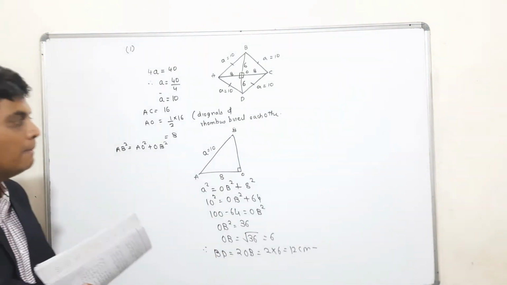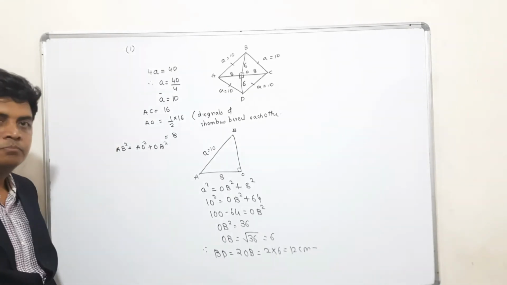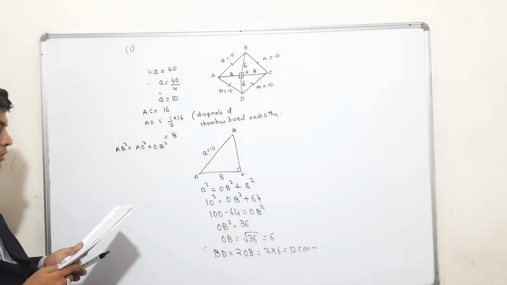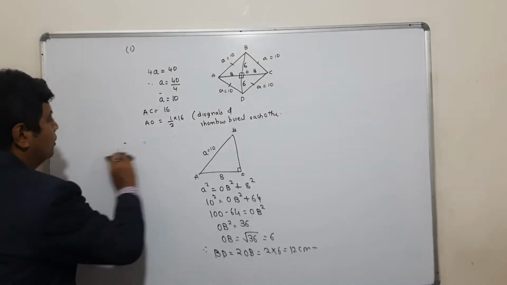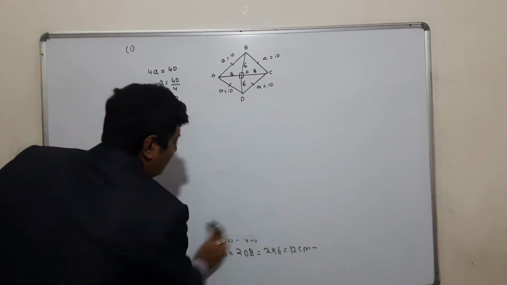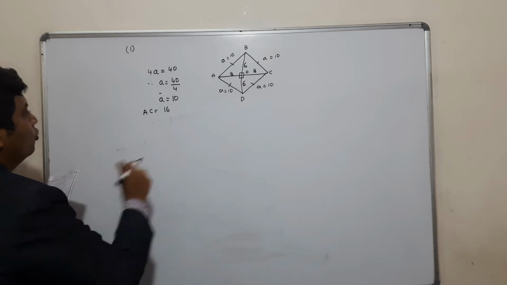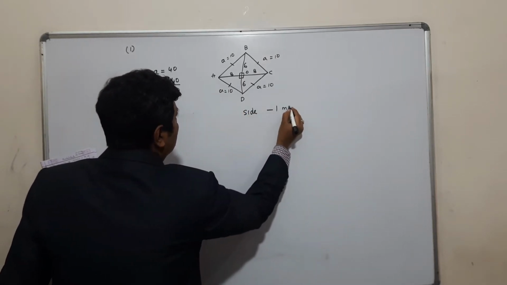Okay. So remember, perimeter is nothing but sum of all the sides. Please note down this sum. So how will you give the marking for this sum? If you have found the side properly, you will give 1 mark. To find the side, you will give 1 mark.